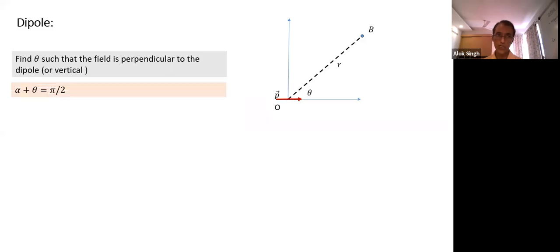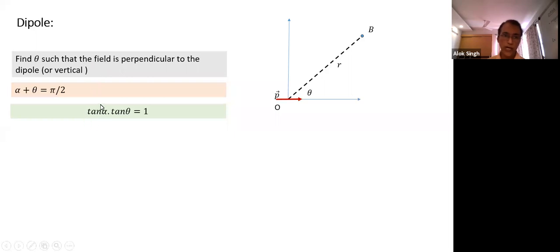We can calculate. If the field has to become vertical, theta plus alpha has to be equal to pi by 2, or tangent of pi by 2 has to be equal to tangent of alpha plus theta. Tangent of alpha plus theta is tan alpha plus tan theta divided by 1 minus tan alpha tan theta. And if alpha plus theta has to be pi by 2, tan alpha into tan theta has to be 1.